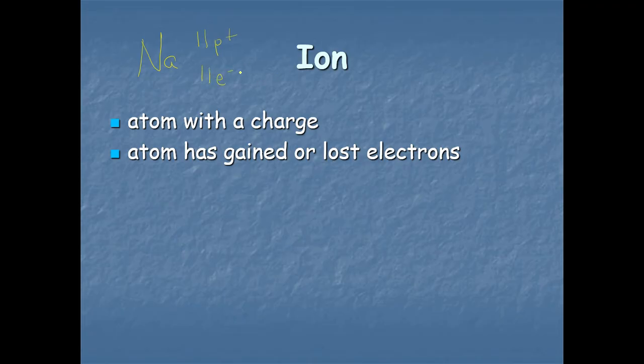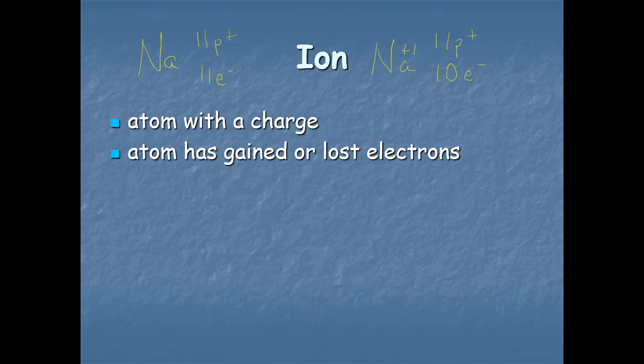But sodium, as we'll find in the bonding chapter, really likes to lose electrons. It will lose one electron. Sodium always has 11 protons, that makes it sodium. But if it loses one electron, now it has one extra proton, so now this becomes a +1 charge.